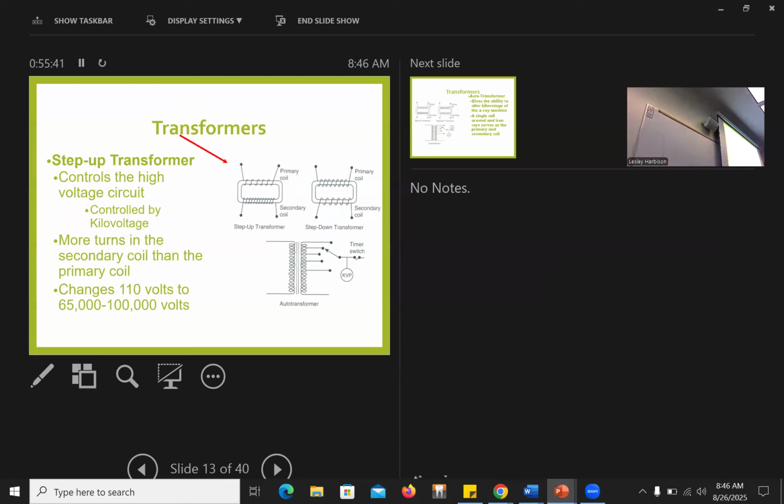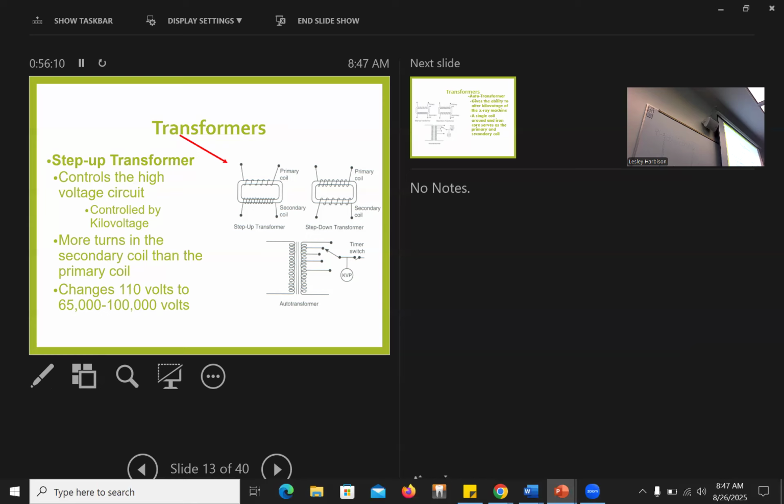The step up transformer inside of the machine controls the high voltage circuit. It is controlled by kilovoltage. There are more turns now in the secondary than the primary, and it changes the voltage from 110 to 65. You could probably say 60 to 100,000, because when it says 60 kVp, that correlates with 60,000 volts.